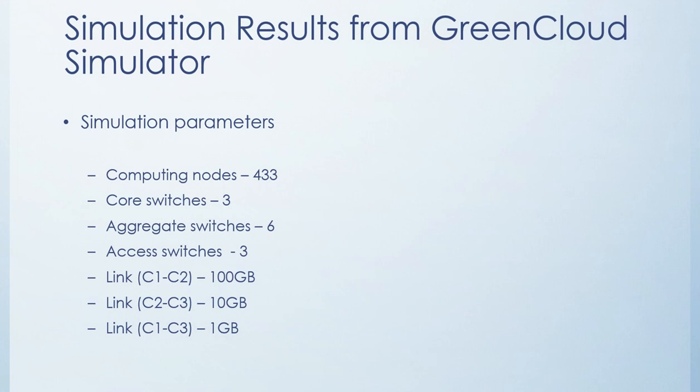To make our experiment repeatable, we reproduce here the simulation parameters we've used. We had 433 computing nodes, 3 core switches, 6 aggregate switches, 3 access switches, and here are the link capacities: core switch C1 to core switch C2 have 100 gigabytes, C2 to C3 have 10 gigabytes, and C1 to C3 we have 1 gigabyte.